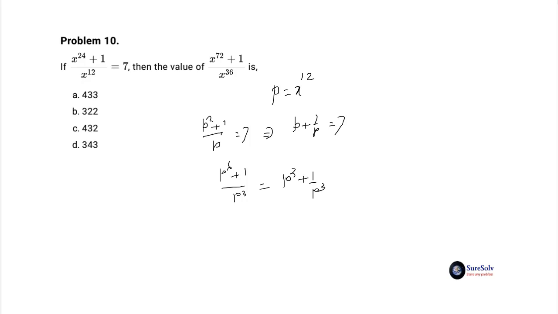This is now a simple problem of evaluating a sum of inverse of cubes from sum of inverses of unit power. You have done pattern discovery and suitable dummy variable substitution to convert a more difficult problem to an easier problem. The modified two-factor expansion of sum of inverse of cubes of the target expression is p cube plus 1 by p cube equal to p plus 1 by p multiplied by p plus 1 by p whole square minus 3 equal to 7 multiplied by 49 minus 3.